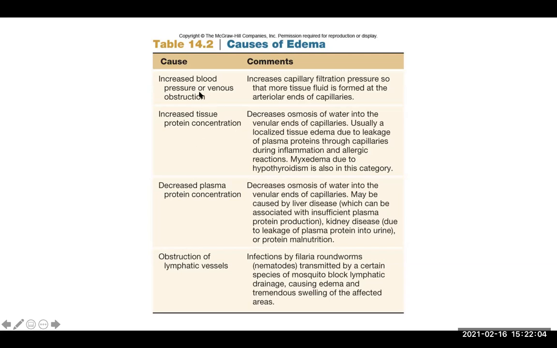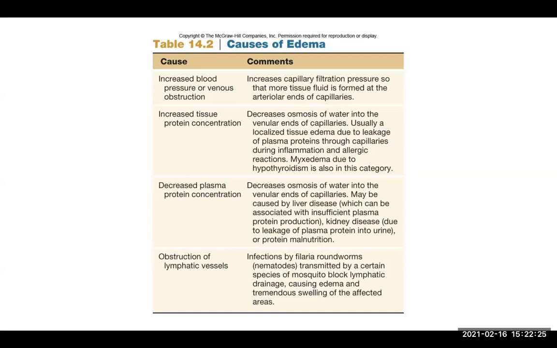First one can be obstruction of the lymphatic system. Obstruction of the lymphatic system can be caused by parasites, cancer, or fibrous growth that can block your lymph. Elephantitis is a chronic condition that's caused by a filarial worm.